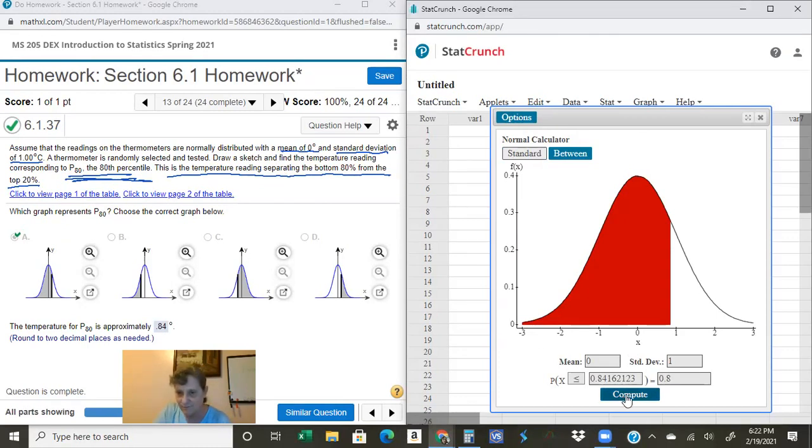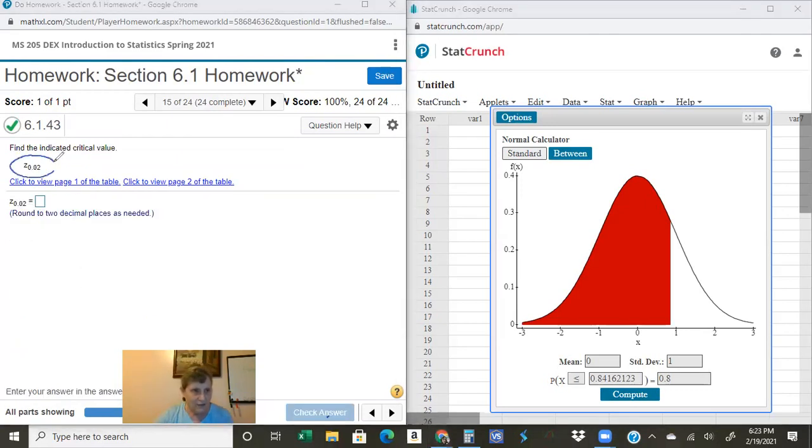Compute. So the value that separates the bottom 80% from the top 20% is 0.8416. Since this is an X value, we're going to round it to 2 decimal places, so 0.84.